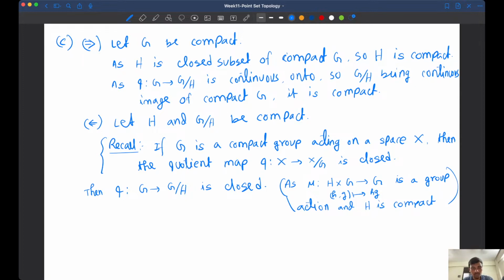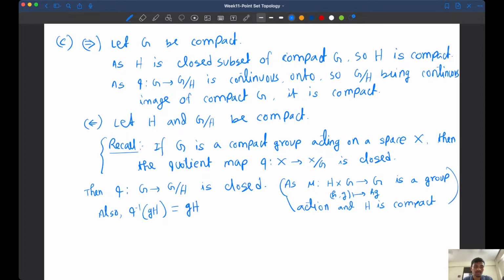Now you have a closed, continuous, onto map, and also the inverse image of each point is compact, right? Also Q inverse of any point, let's say GH here. As a set, this is nothing but just gH. Here gH is a point, but here it is a set, right?